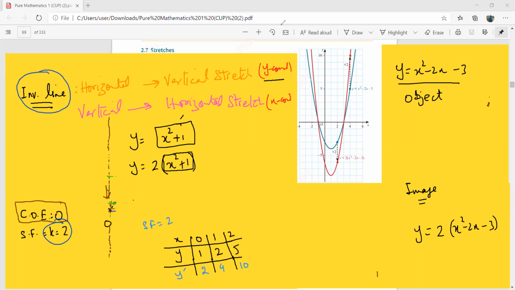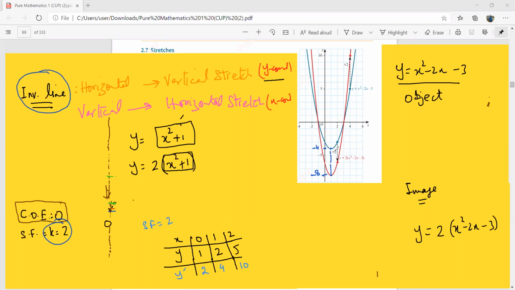Can you see this y coordinate? This y coordinate is minus 4 here, and after being stretched, look at this, where is this y coordinate going? This has gone on to minus 8. Are you clear why this went to minus 8?